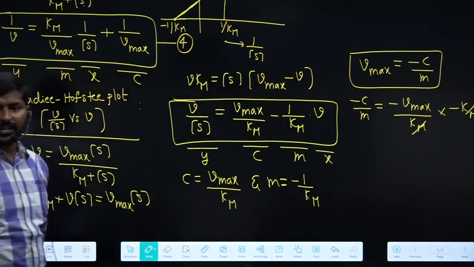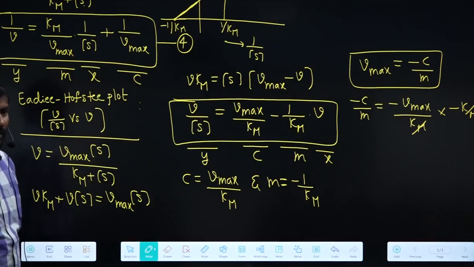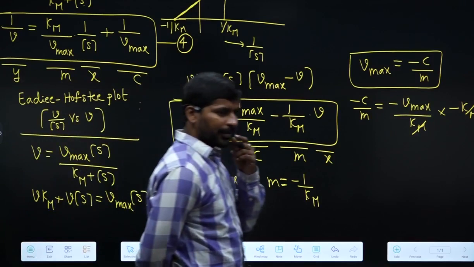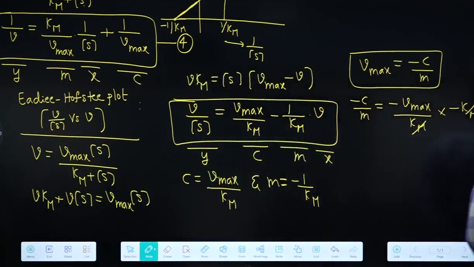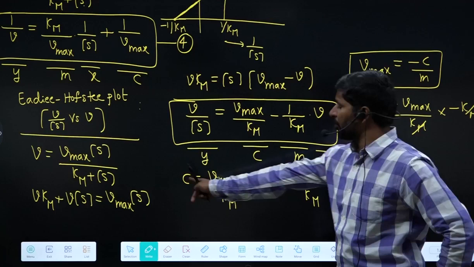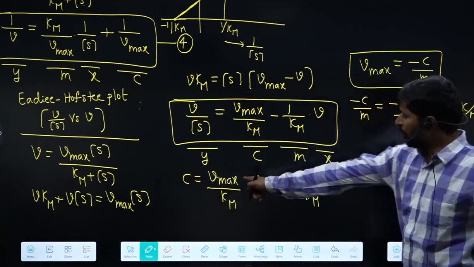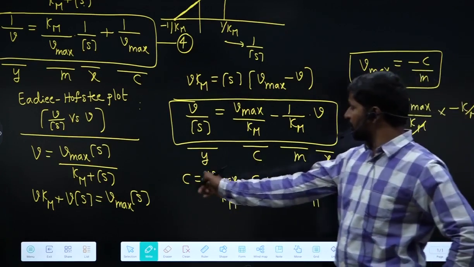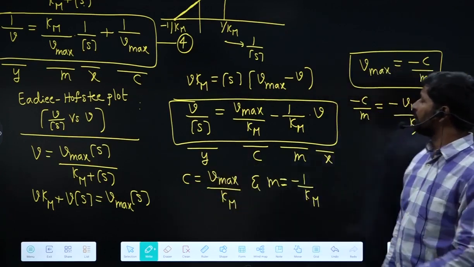So Vmax and Km we can calculate based on the Eadie-Hofstee plot. So this is the question given, and they asked to calculate Vmax and Km for 4 marks. Or here we get Km, and if you substitute that Km here we will get Vmax.